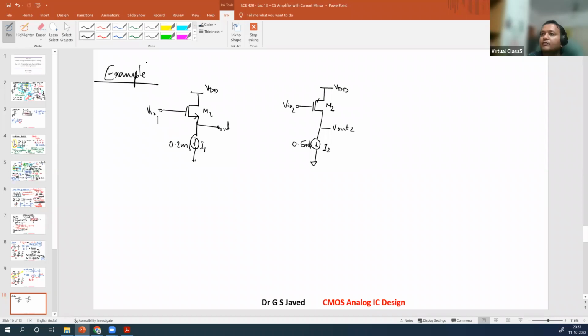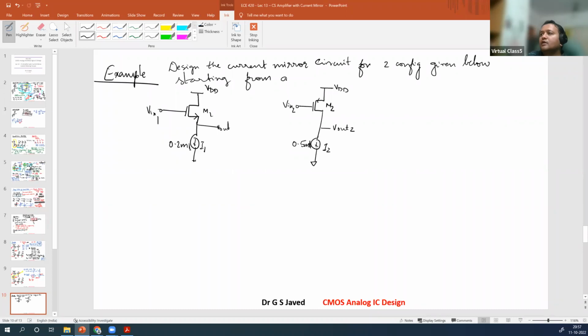So the question will be: design the current mirror circuit for the two configurations given below, starting from a 0.8 milliampere reference current.